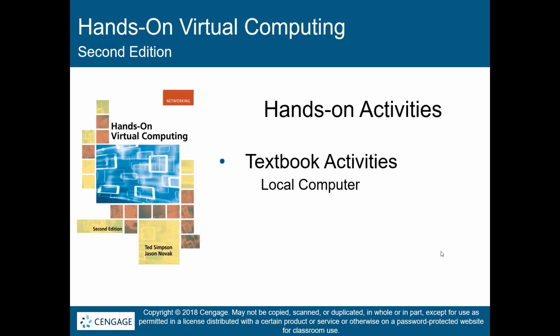They are included in the printed textbook and are designed so they can be performed on a local or lab computer. As a result, the computer must meet certain minimal requirements as identified in the textbook. These activities also involve downloading free or trial products and installing and configuring these products on the local computer.